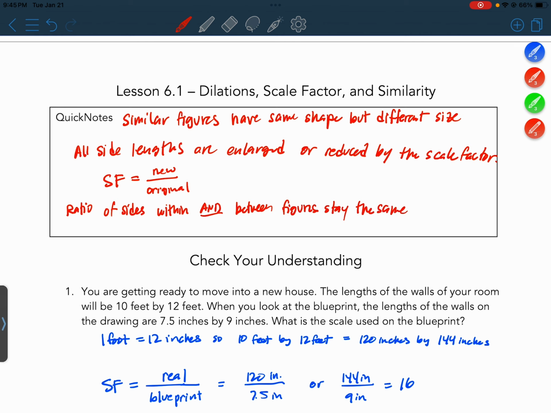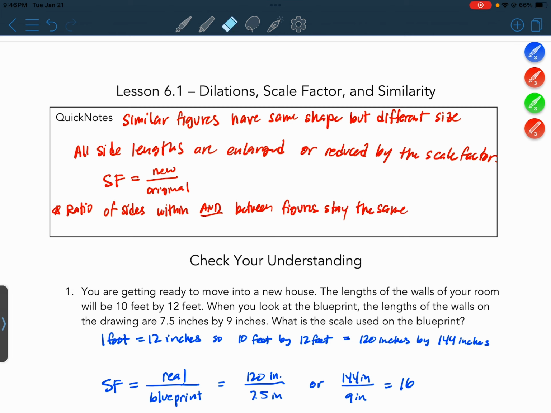So again, just think back to that torso to leg ratio, right? Whether we were looking at the original photo of LeBron or his real life measurements or some of those other photos of him on the second handout, that torso to leg ratio was always the same decimal. All right, so ratios stay the same, and then also the angles.